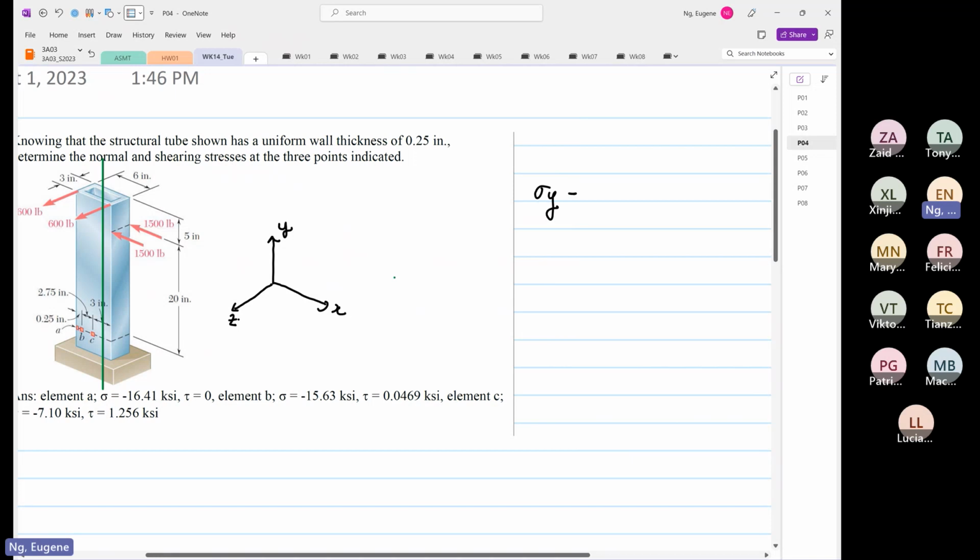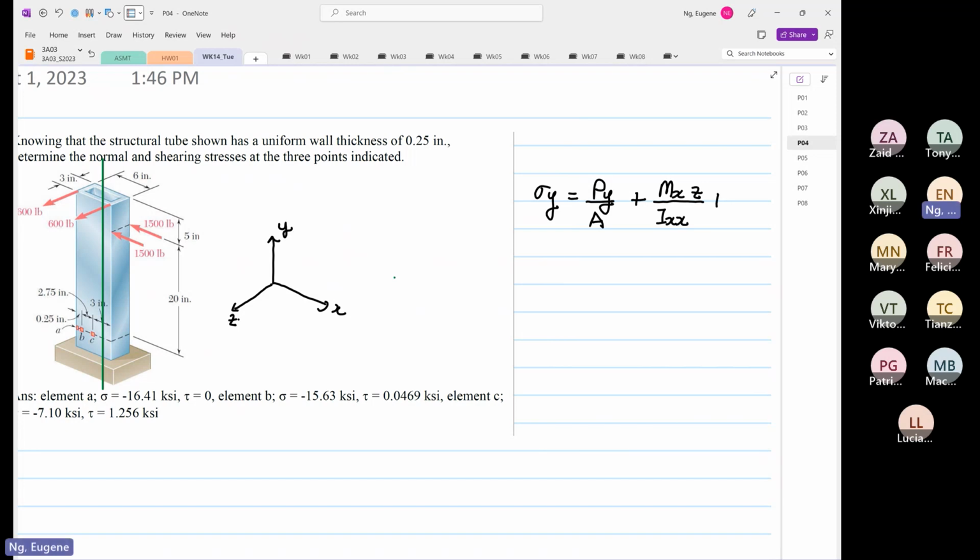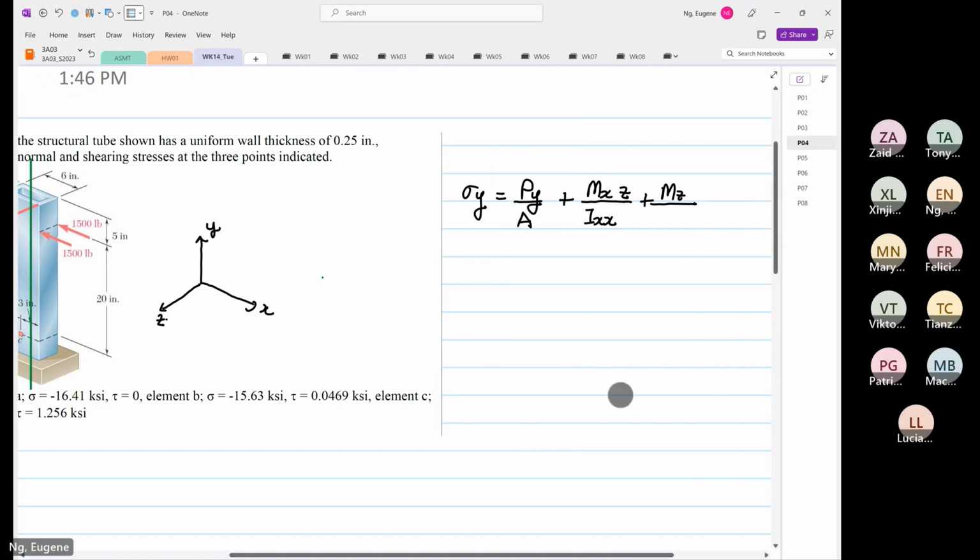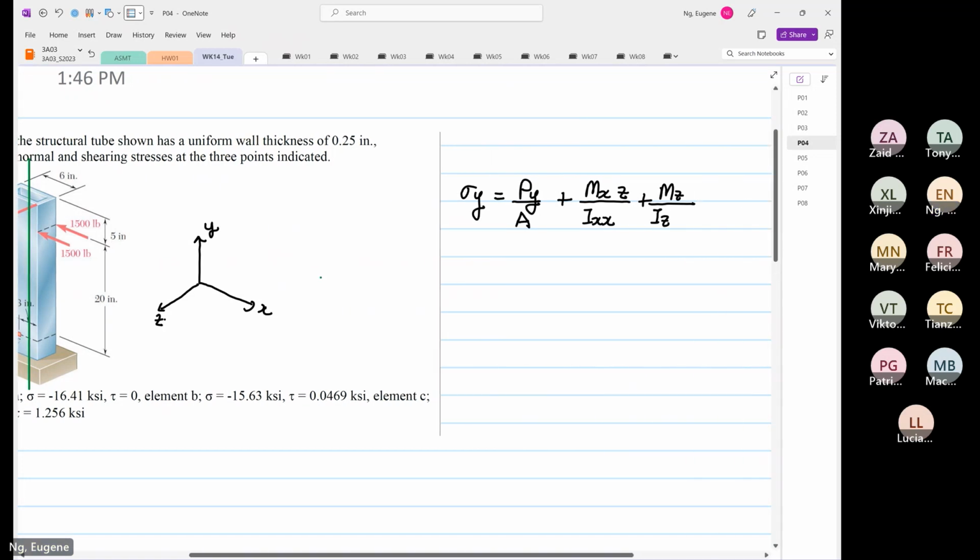It's important to sort this out now. So we have Py over A, which will induce a stress Y, plus Mx over Ixx multiplied by Z, plus Mz over Izz multiplied by X.